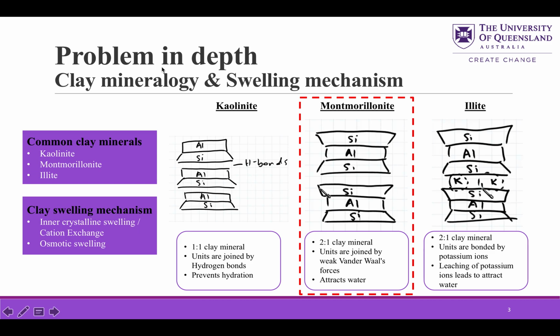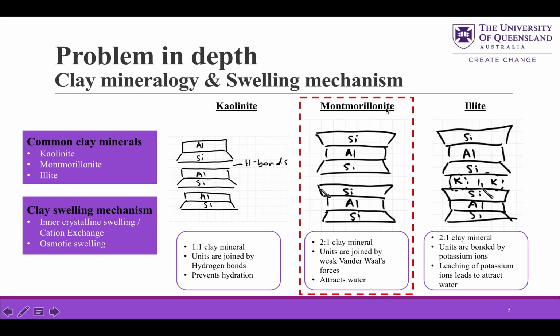To get in touch with the problem in depth, it's good to know about the clay mineralogy and swelling mechanism. So the predominant clay minerals are kaolinite, montmorillonite, and illite, out of which kaolinite is a non-swelling clay mineral where the layers of clay are attached by hydrogen bonds, and it's pretty hard to break.